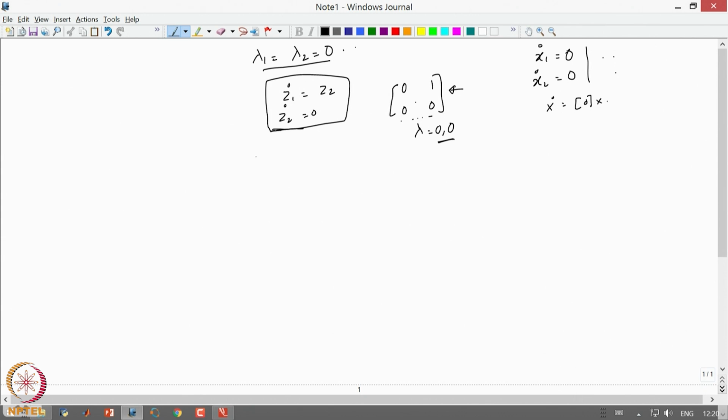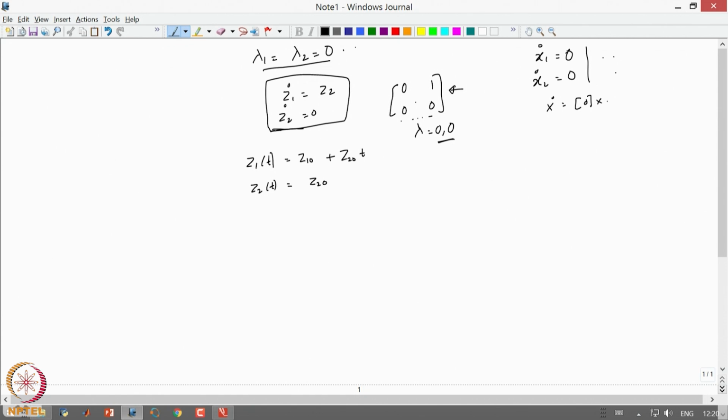So how does the solution look? Z1 of t is the initial condition Z1 0 plus Z2 0 t, and Z2 of t is Z2 0.